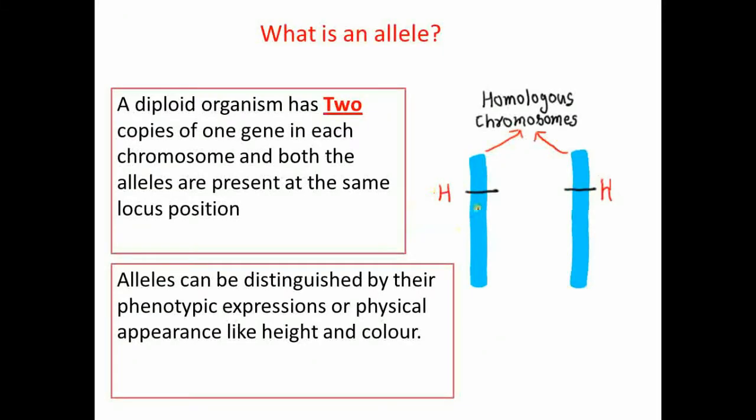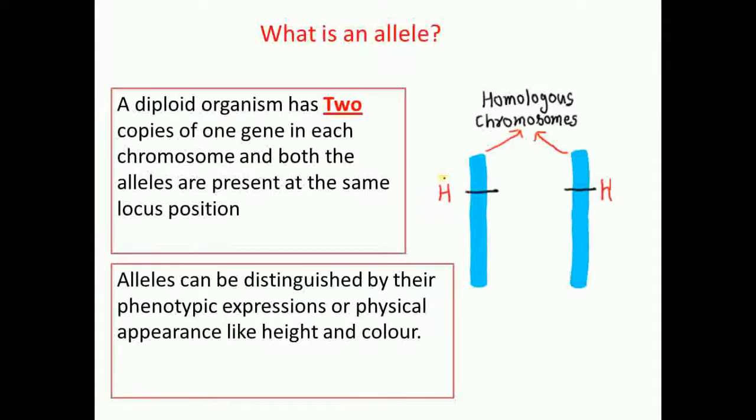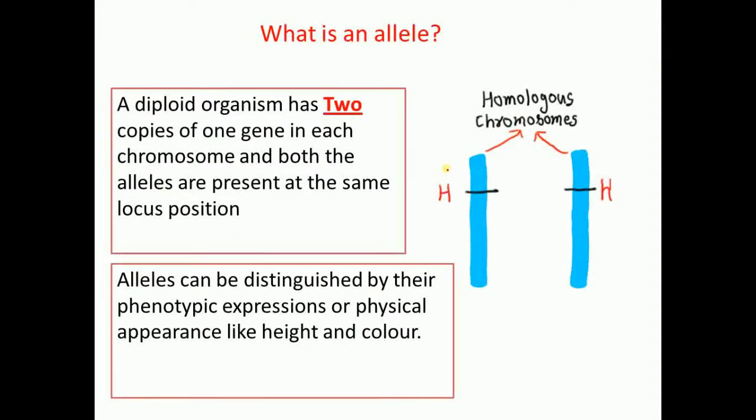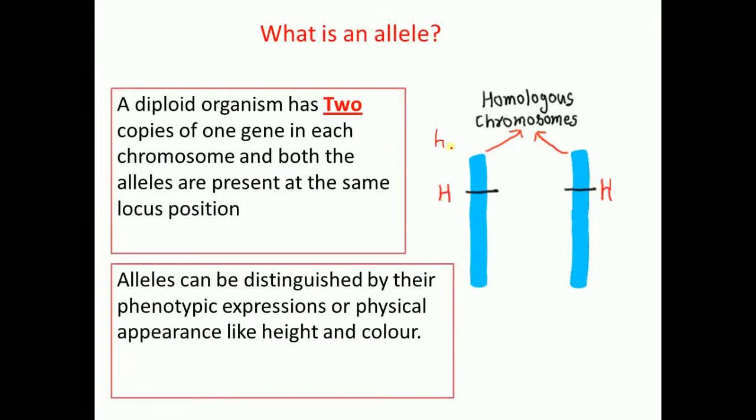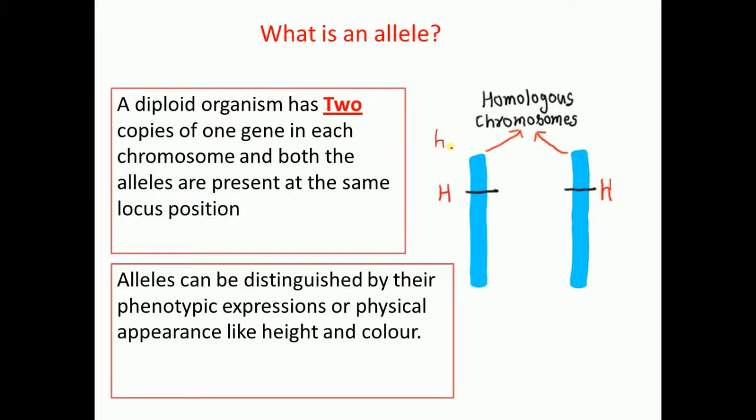For example, if I am taking the gene for the expression of height, there would be two alleles. First is capital H, which is the dominant allele, which will tell us that the height of the plant is tall, and the other one is the small h, which will tell us that the height of the plant is short.